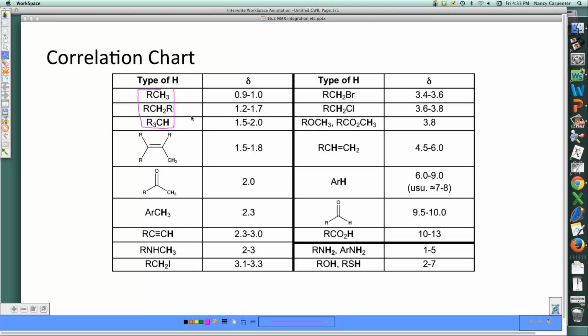This trend is going to hold true no matter what the other impacts are. So, for example, if I have an aromatic ring with a methyl group attached, that shows up at about 2.3. But if it's an aromatic ring with a methylene attached, and I'm wondering, where is this guy going to show up?